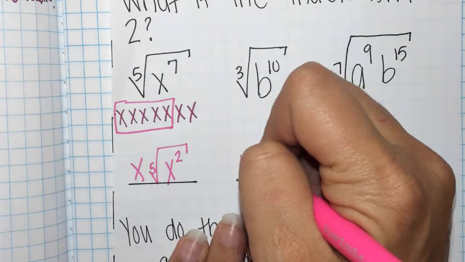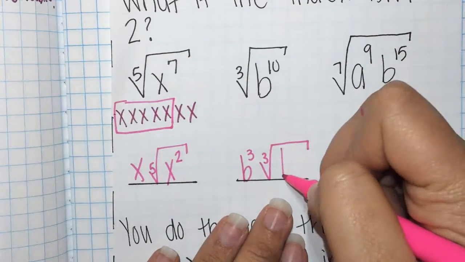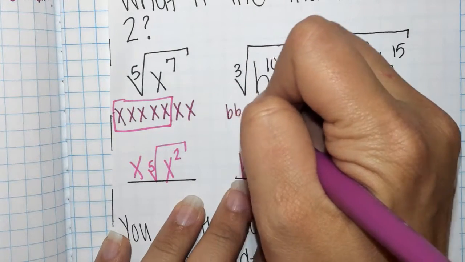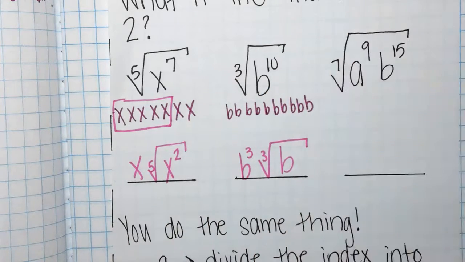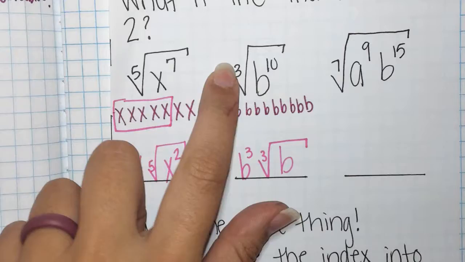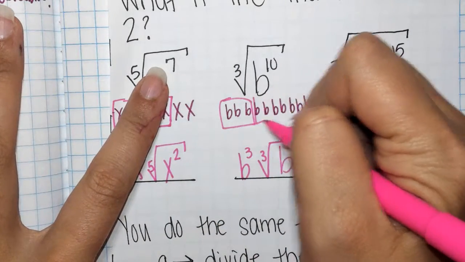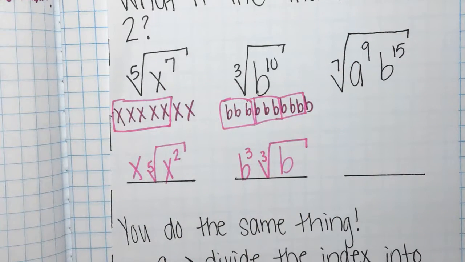So b cubed goes out front. And how many stay inside? 1. Did you put the 3 in the index? Yes. Now, if you don't believe me, draw 1, 2, 3, 4, 5, 6, 7, 8, 9, 10. And then how many are we going to put in each group? 3. So 1, 2, 3. And then 1 left over.